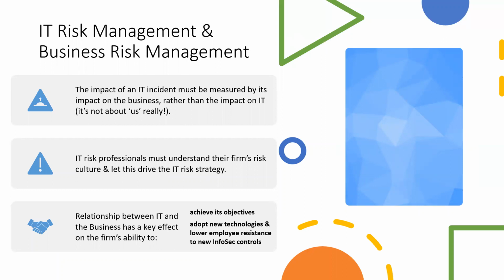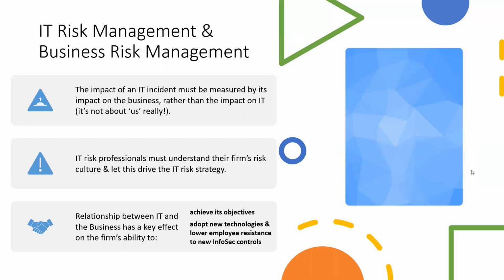In other ways of putting what I've just said there, the impact of an IT incident must be measured by its impact on the business rather than the impact on IT, because it's not about IT, really. It's not about us.